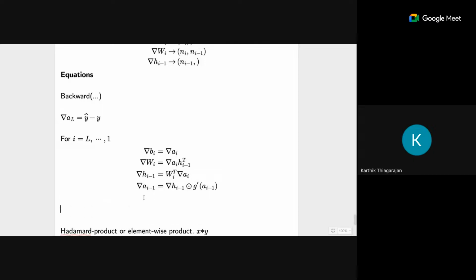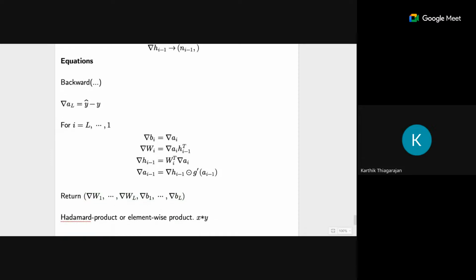Finally, what is important for you is you will return a big list containing W1 all the way till WL, and then you will also return b1 all the way till bL. Then you'll do one step of gradient descent, and then you'll keep iterating.